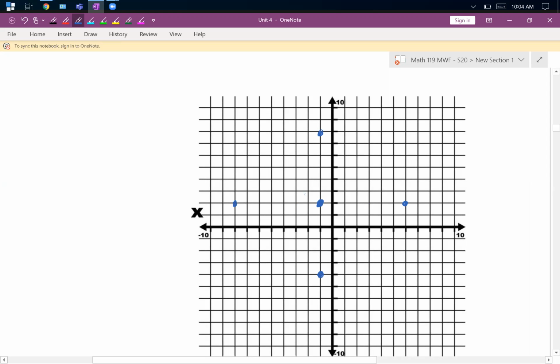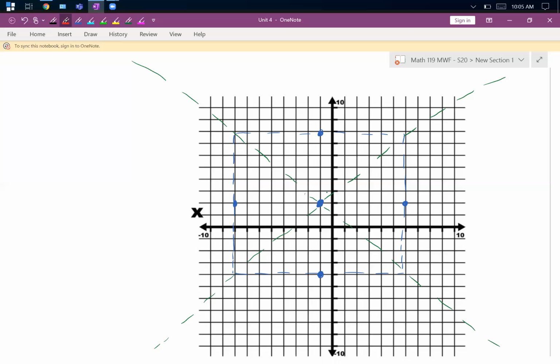And now we're going to make a big rectangle. We'll extend the diagonals of this rectangle to get our asymptotes. And then we'll draw in our branches.